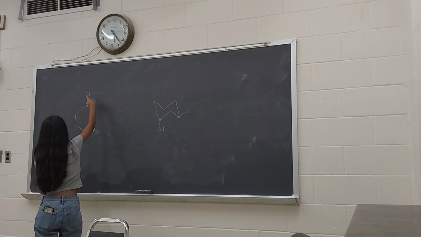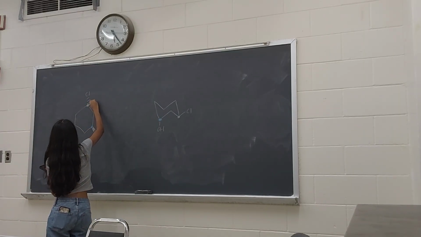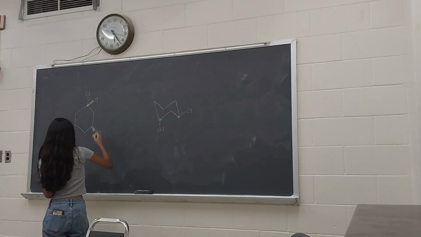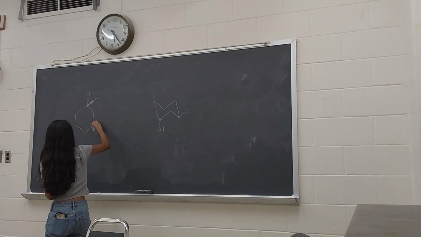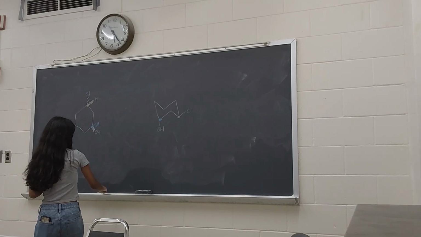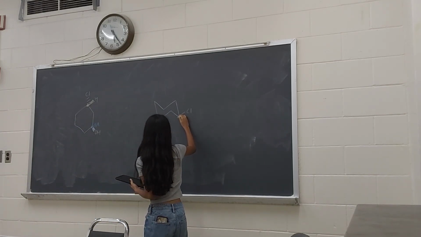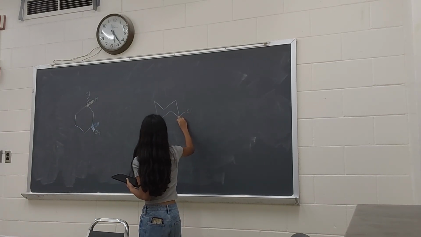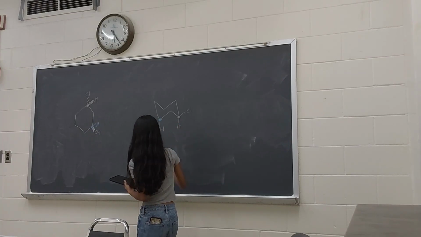For this one, since the Cl is on the dash, you can see the hydrogens on the left. This one's OH is on the right, so the hydrogen is on the dash. Here, Cl is up, equatorial, hydrogen is down, axial.